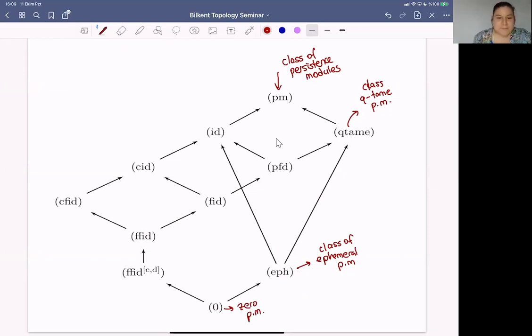So these are abbreviations: finitely finite interval decomposable.